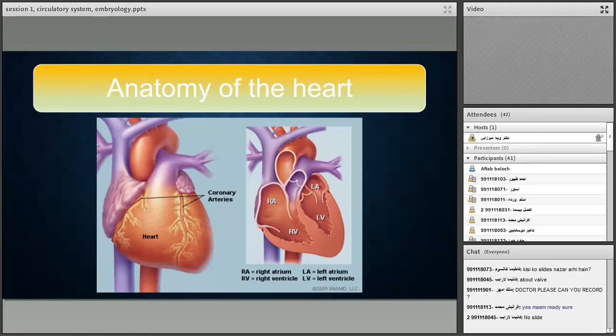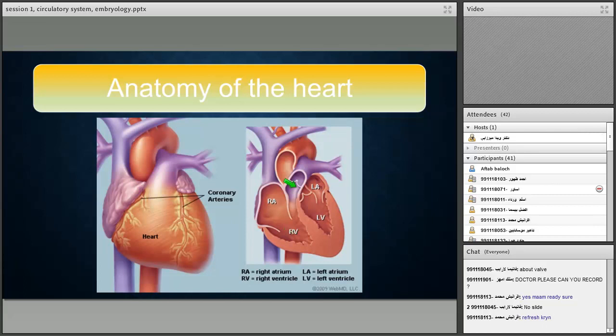We have studied the anatomy of the heart, and we know that the heart has 4 chambers: 2 atriums, the right atrium and left atrium, which are placed on the upper side of the heart, and the right ventricle and left ventricle. The blood is coming into the right atrium and then the right ventricle.